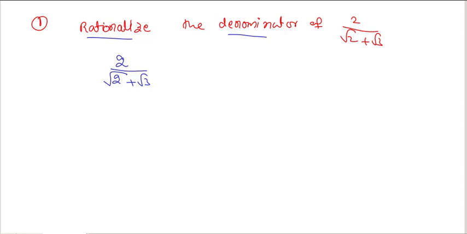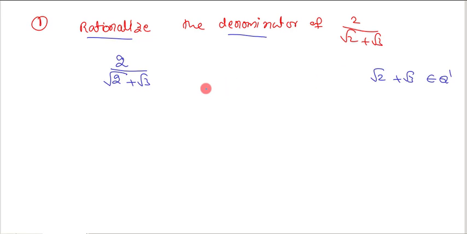That means if you observe, the denominator is root 2 plus root 3, which is not a rational number. Then what are they asking us to do? They are asking us to make it a rational number. The process of making an irrational number rational is called rationalization.